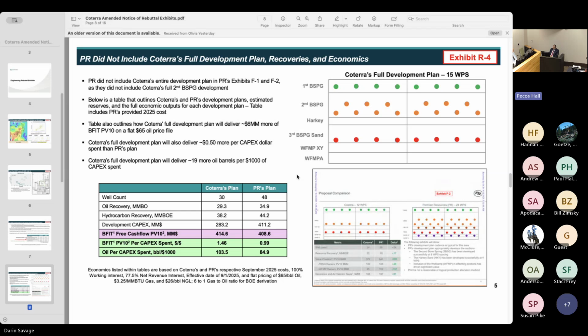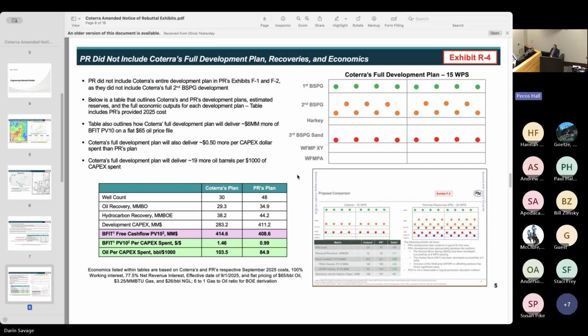When we look at the table, we're illustrating the economics of both plans on a flat 65 price file. You can see Coterra's well count is 30, PR's is 48. We've listed the oil recoveries. We've listed the capex to develop both units, which is an important note because Coterra's plan only requires about $280 million, where Permian Resources' plan per their provided 2025 costs would cost $411 million.